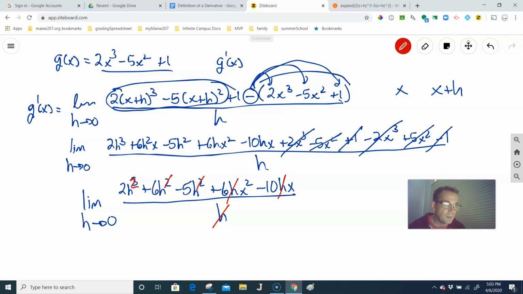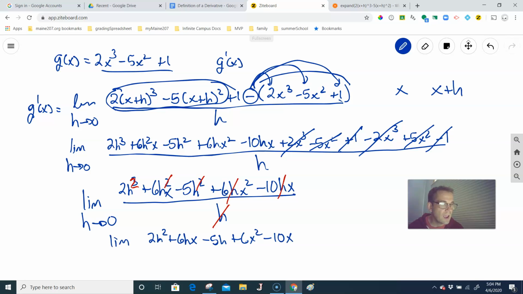So I'm left with the limit as h goes to 0 of the expression 2h squared plus 6h. Wait. Oh, I almost forgot that x. Minus 5h plus 6x squared minus 10x.